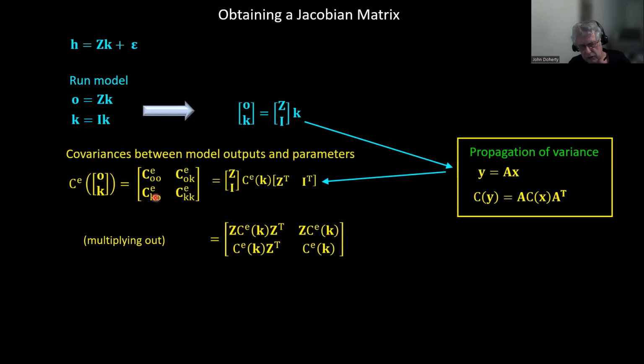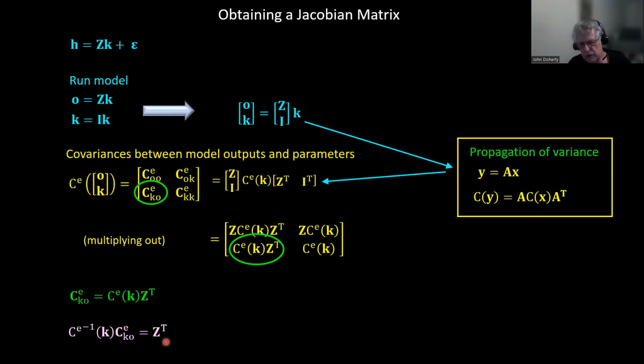Now I've got the terms of these sub-matrices. So let's look at this one here. This is the cross-covariance between parameters and model outputs. Let me write that in green, making it very explicit that this is equal to this. Pre-multiply both sides of that equation by the inverse of CK, and there's my Z.